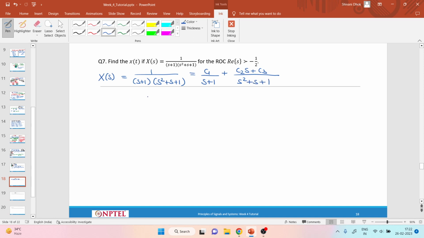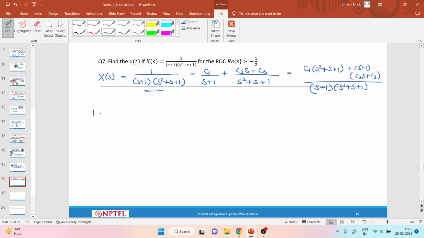Now I can again write this as c1 into s square plus s plus 1 plus s plus 1 multiplied by c2s plus c3 whole divided by s plus 1 into s square plus s plus 1. So this I can then simplify comparing these two.